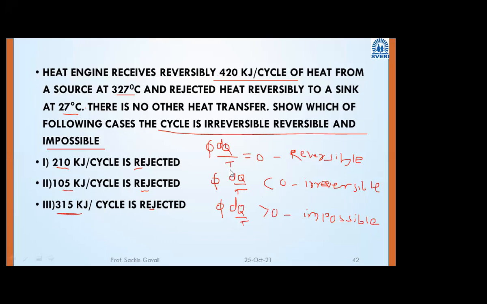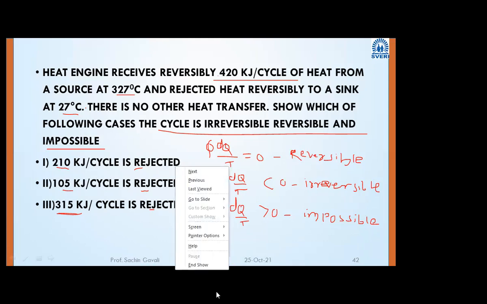In these cases, only the heat rejected quantity is different in all three cases, but the heat supplied and the source and sink temperatures are the same. We only have to take the rejected heat differently in every case and calculate the cyclic integral of dQ by T. This is the symbol of what? Cyclic integral dQ by T.